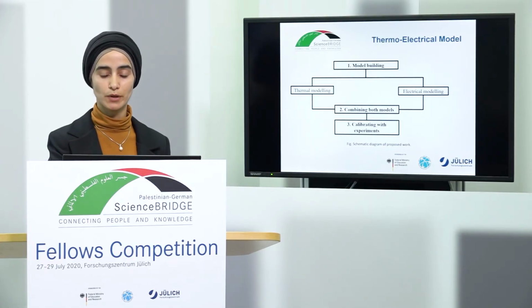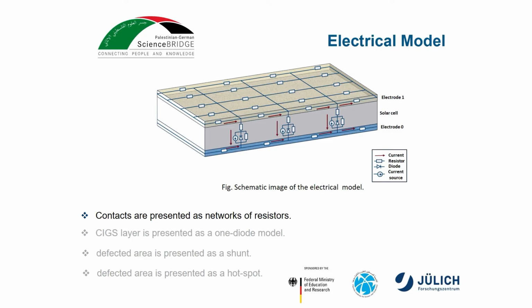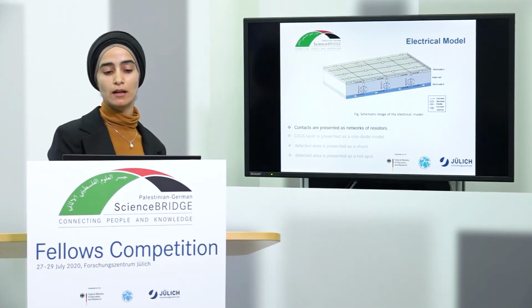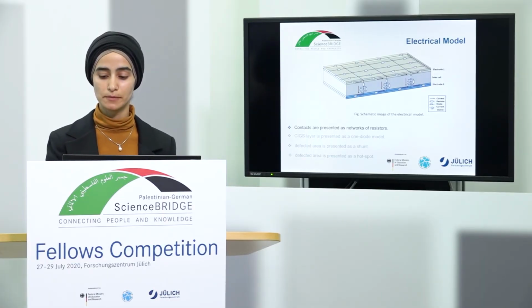For the electrical model, I'm using the term electrodes for describing the front and back contact, and in the electrical model, I'm presenting that as a network of resistors.